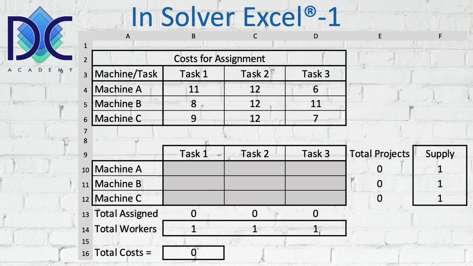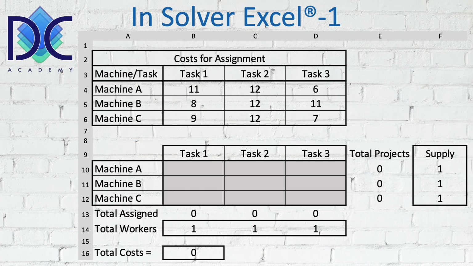And the total assignments we can make per column is only 1. So we have to see that the values from B13 till D13 have to be equal to the values in B14 to D14, which is equal to 1.